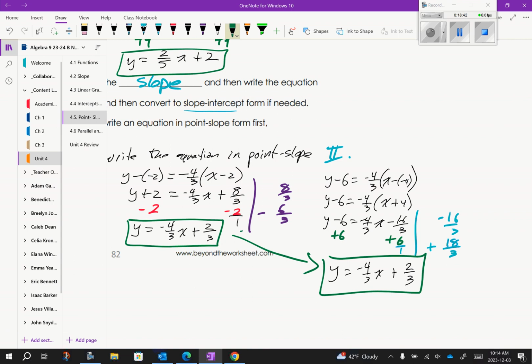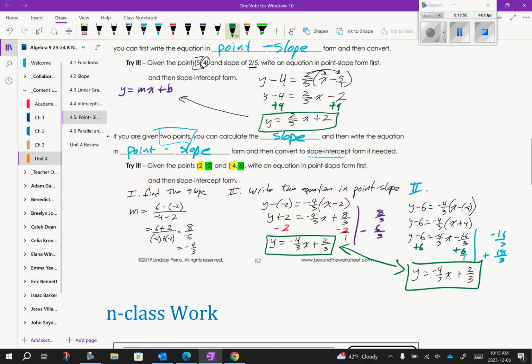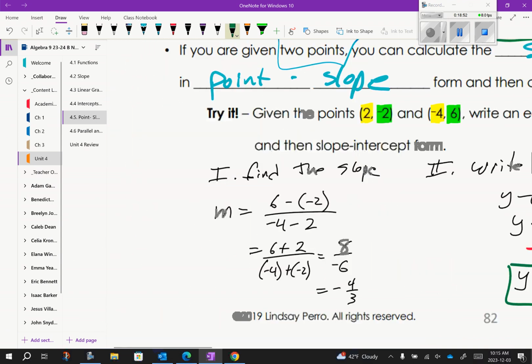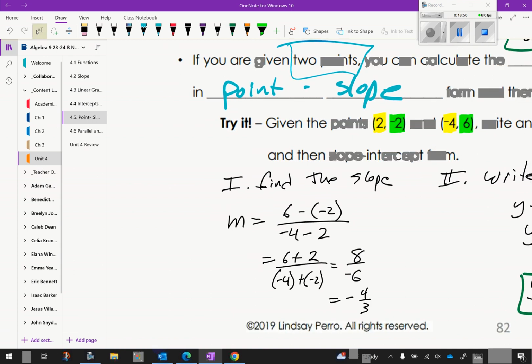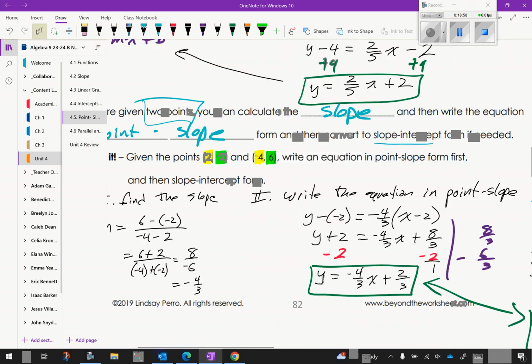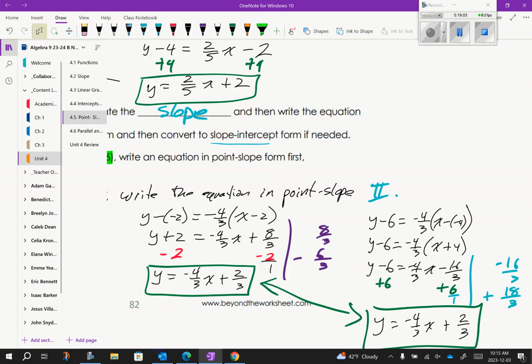And those two equations are the exact same thing. So it really doesn't matter. Once you find the slope, again, that has to be the first thing that you do, is calculate the slope. It really doesn't matter if you're given 2 points, which one you use. We should be able to come up with the same equation either way.